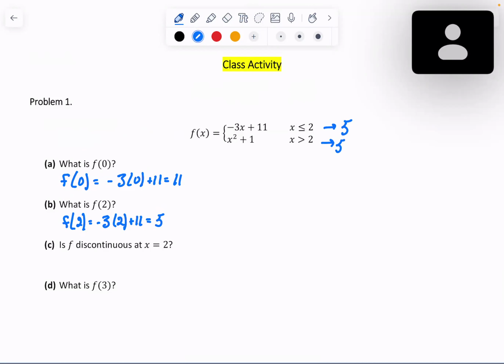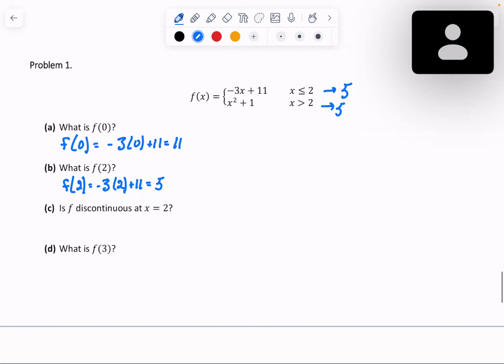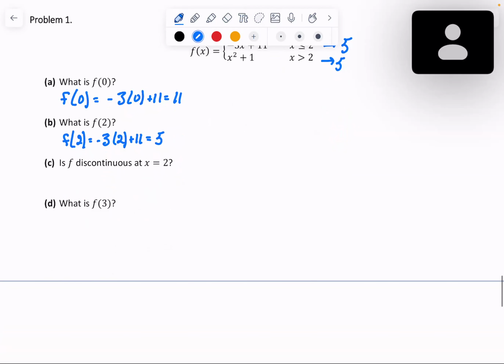So is f discontinuous at x is 2? What do you think? Whenever I plugged in x is 2 to both of these pieces, I got the same y value. So there's no jump. So is f discontinuous at x is 2? No, it's continuous.